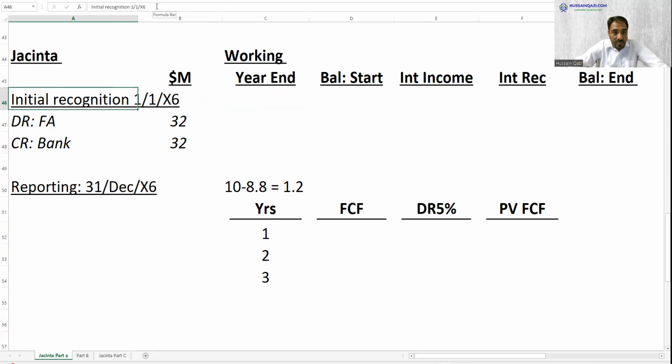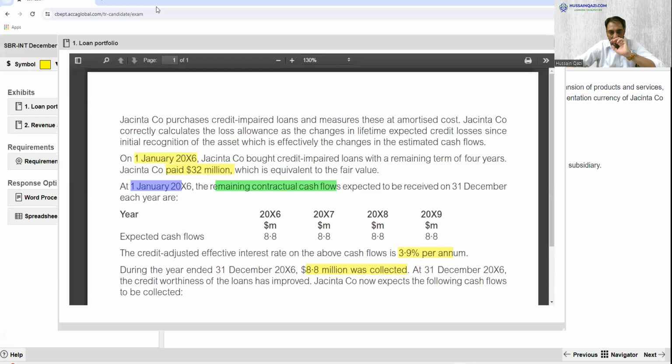Now about the reporting date, with respect to the original remaining contractual cash flows. Original here means once Jacinta purchased at 1st January. The expected cash flows are these, 8.8 and so on.